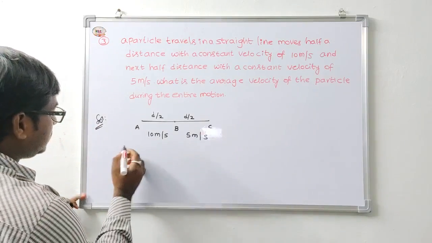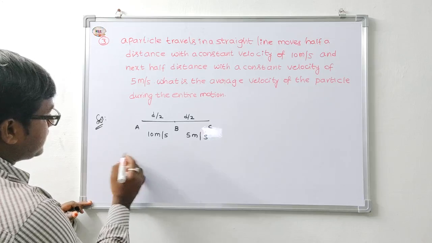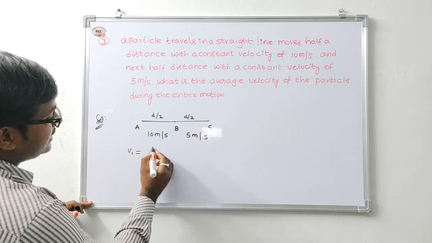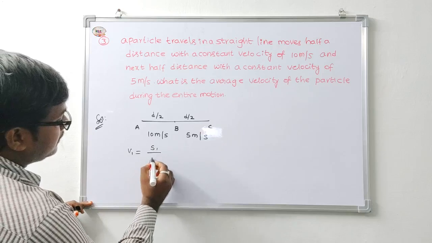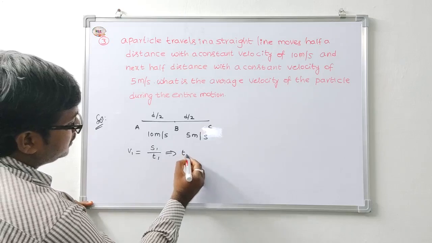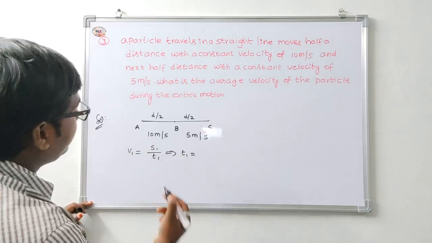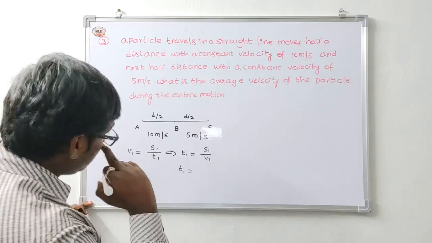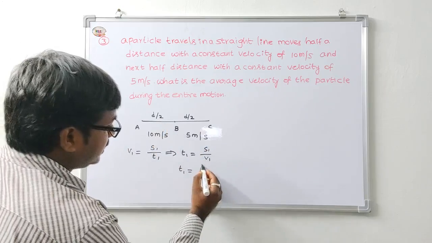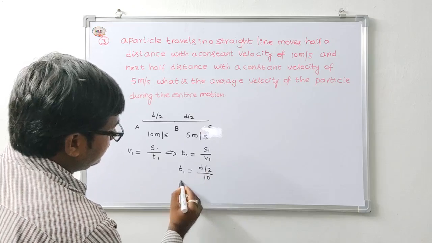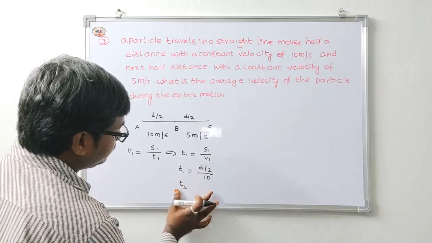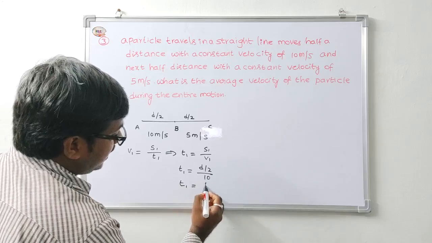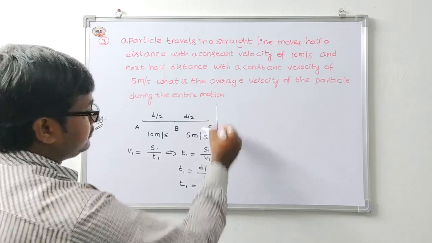Speed v1 = s1 by t1, so t1 = s1 by v1 = (d by 2) by 10, which is d by 20.